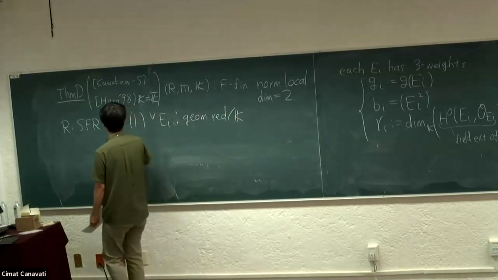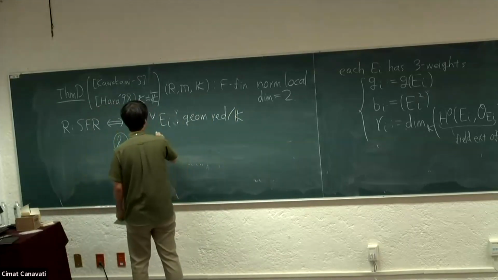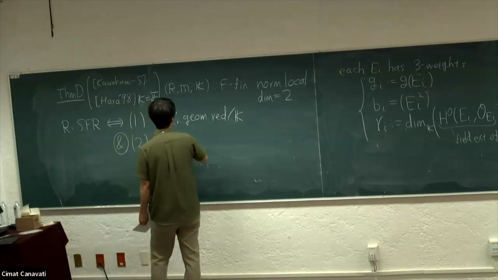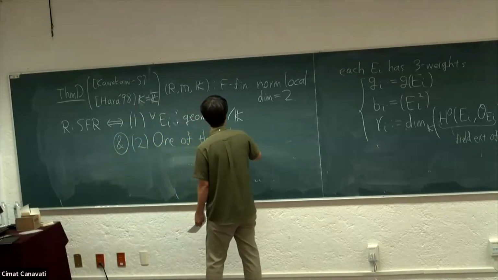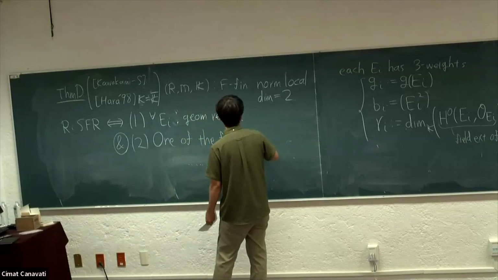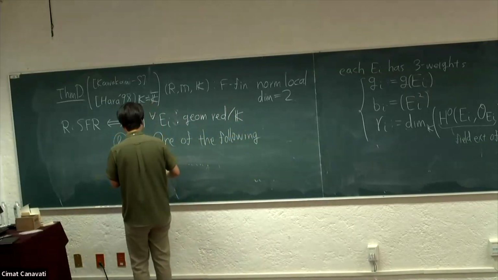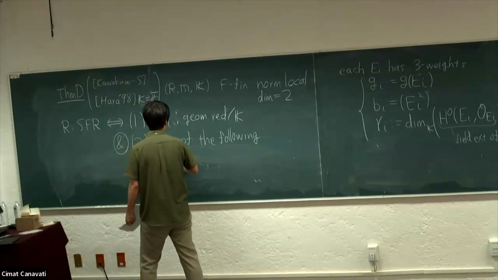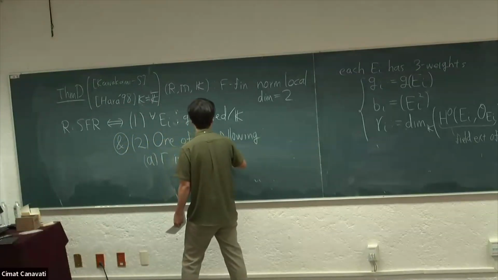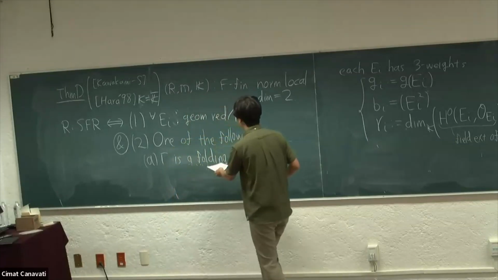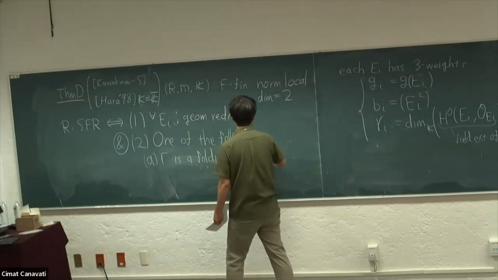And second, one of the following, which is very similar to Hara's classification. So one is: gamma is a folding of... I will explain what folding is, but gamma is a folding of a chain.